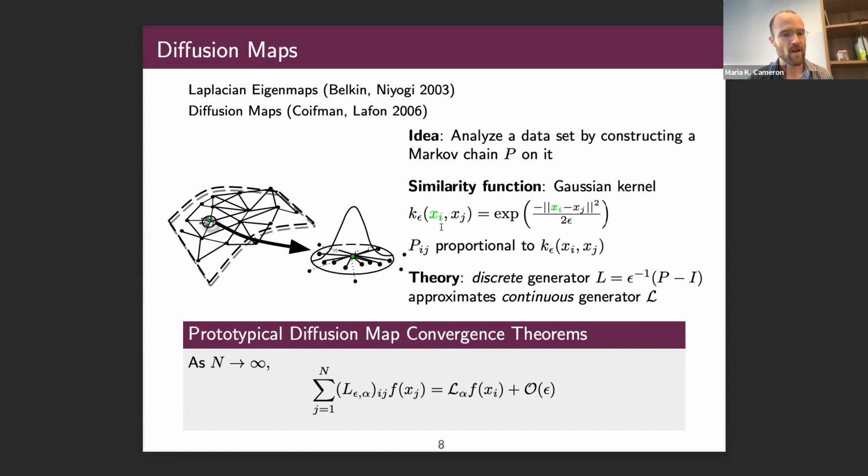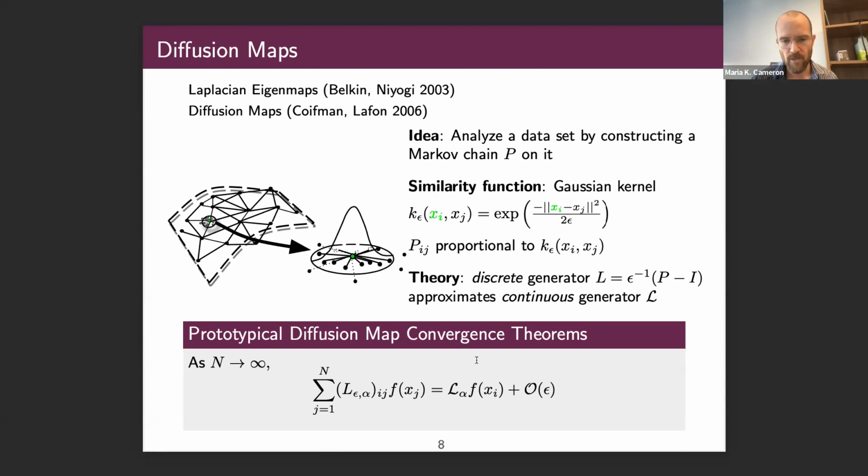The main hyperparameter in this case is epsilon, which is determining this kind of Gaussian you can think of around each point here in the kernel. That takes some practice to learn to tune, and there's other heuristics you can use for this as well.